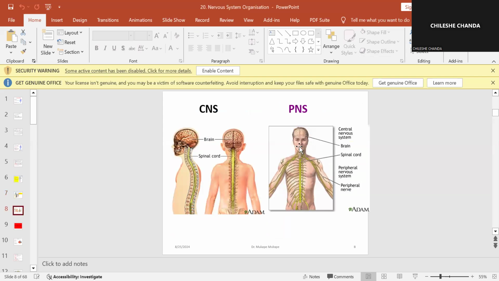Very well-organized system. You remember we said that in the vertebral column, we have those vertebral bones, okay? It is between those vertebral bones that we're going to find spinal nerves coming out of the spinal cord.